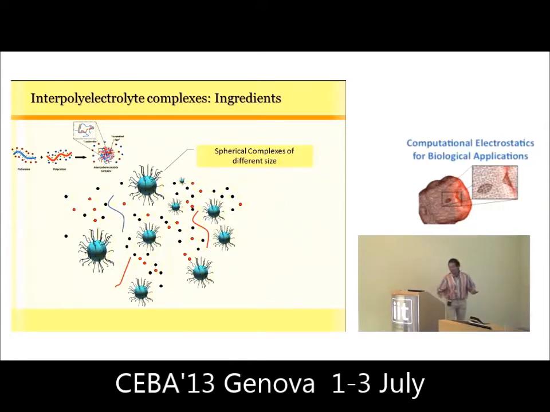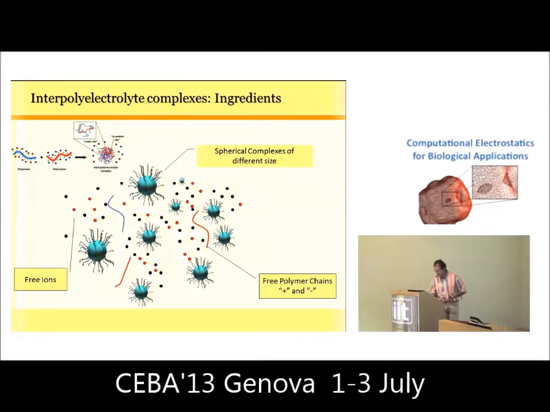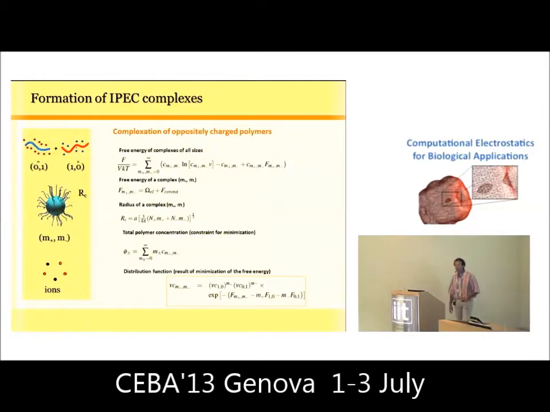You also have free chains in the solution, which can be charged on both sides, and free ions and contra-ions which just surround the complexes. You may also have neutral chains which will stabilize the size of these aggregates by steric repulsion. So this is the system that we study.